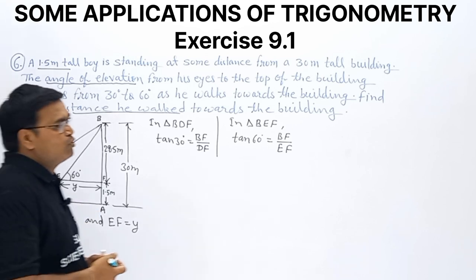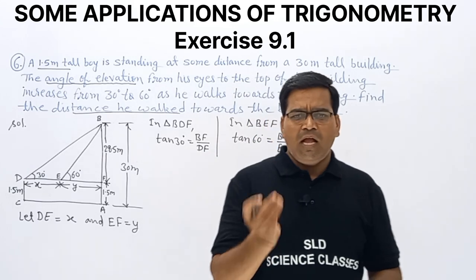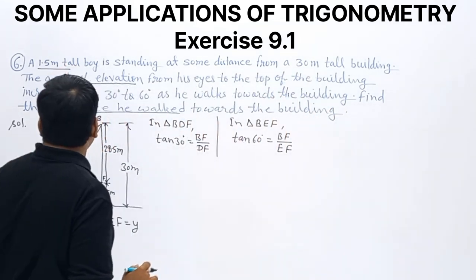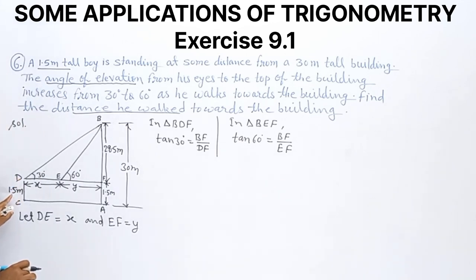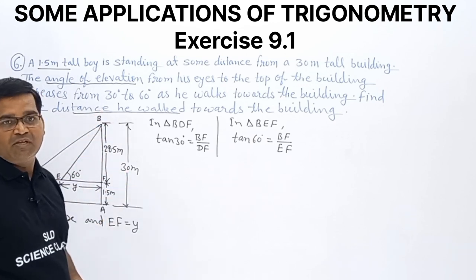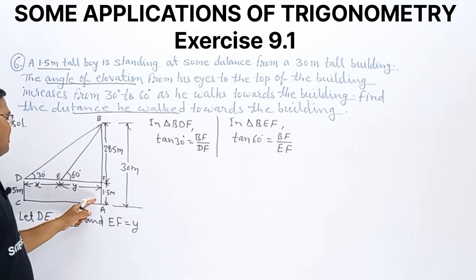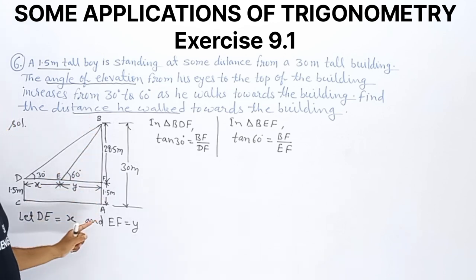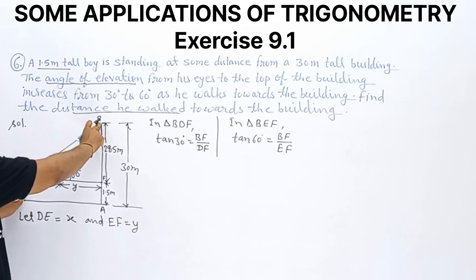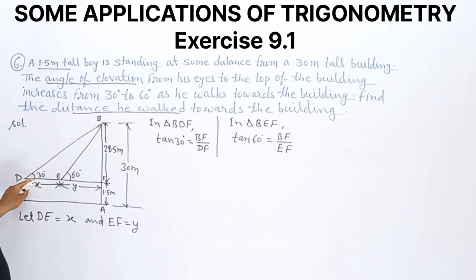So how we will find this one? Observe. Again I am recalling. Easy question. Understand this one. Question is saying one boy, height of that boy is what? 1.5 meter. We are having one building and height of the building is what? 30 meter. Clear? Boy is standing some distance from the building and making angle of elevation. Angle of elevation means once the boy raising head and observing top of this building, then angle is what?